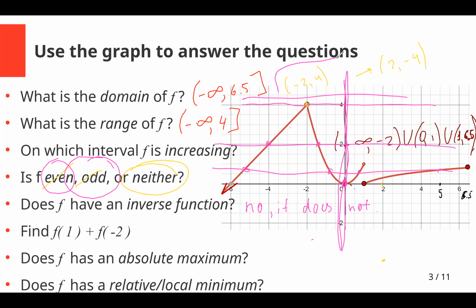What's easy to do is to change the coordinates signs. That's easier. So we are not switching them. We're negating both coordinates. We negate the x coordinate, we negate the y coordinate, and this point that we got over here should be also on the graph. Then it means that it is an odd function, and it should be working for any point you grab. Okay, thank you.